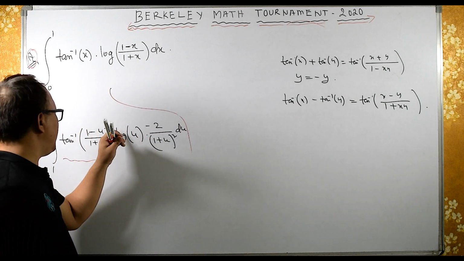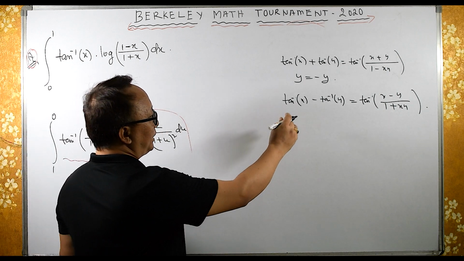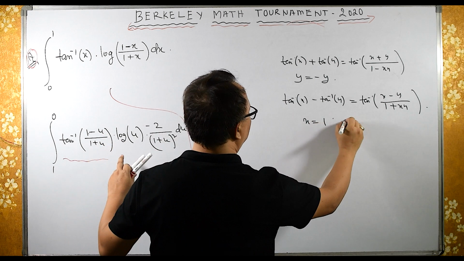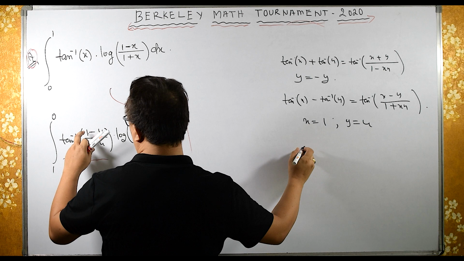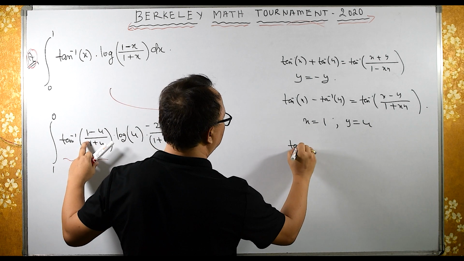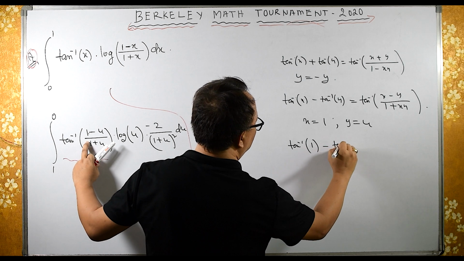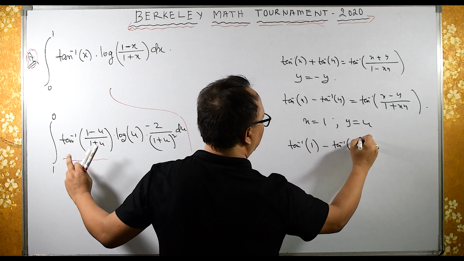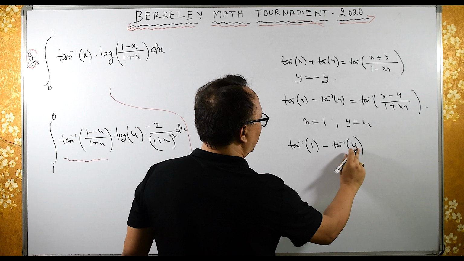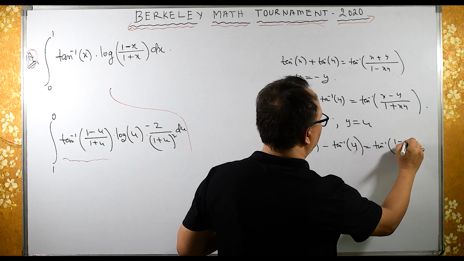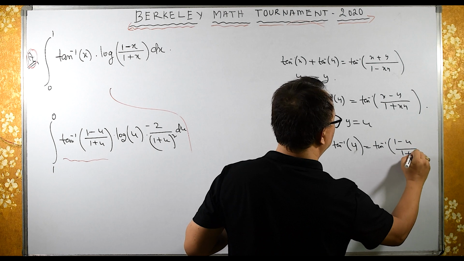So I need (1 minus u) upon (1 plus u). Instead of x I can write 1, and instead of y I can write u. So tan inverse 1 minus tan inverse u equals tan inverse of (1 minus u) upon (1 plus u).